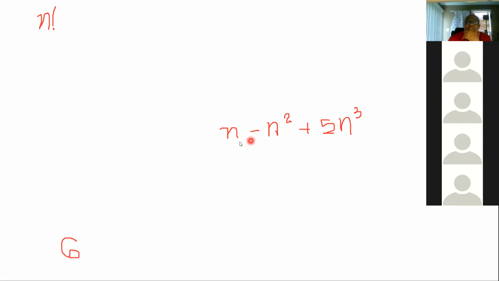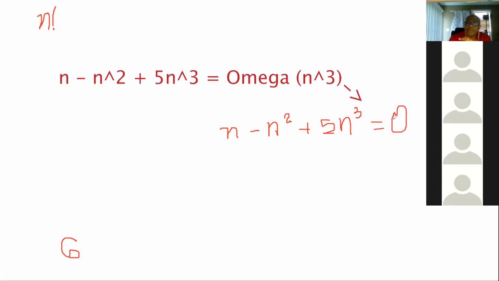Because n cubed is worse than n squared. So even though we sum them up, no matter how we sum them up, we only look for the worst term to say that this algorithm is equal to the order of n cubed.